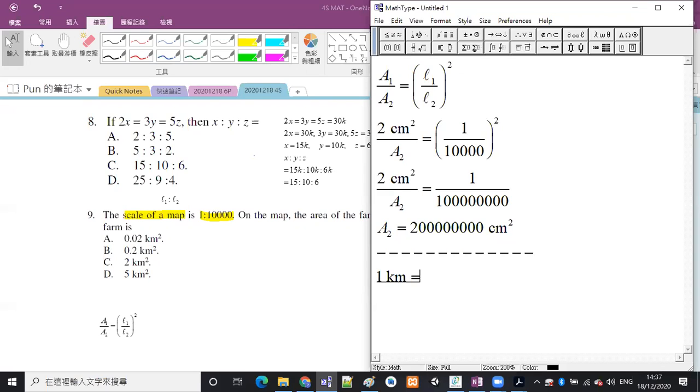But km and cm are too far away. I just change to m first.